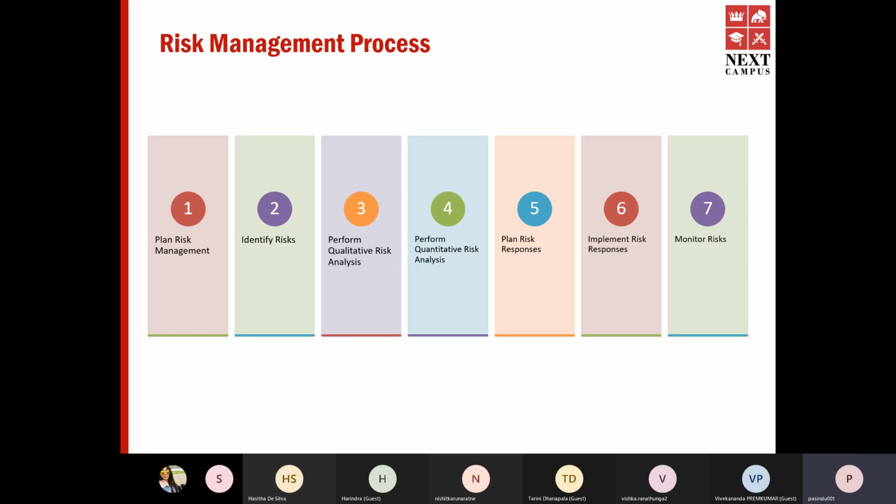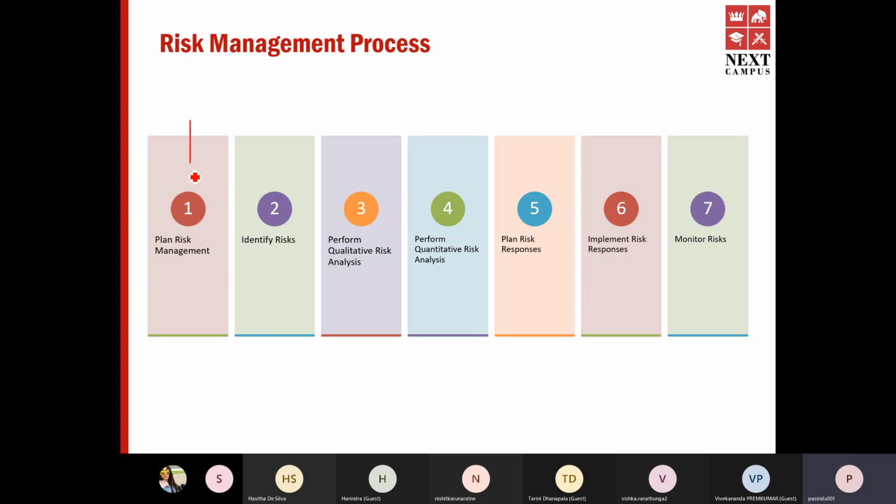So with regard to the risk management process, you have 7 sub processes. First thing, like we did for scope, time, and cost, you start with a plan. You have a plan risk management sub process.